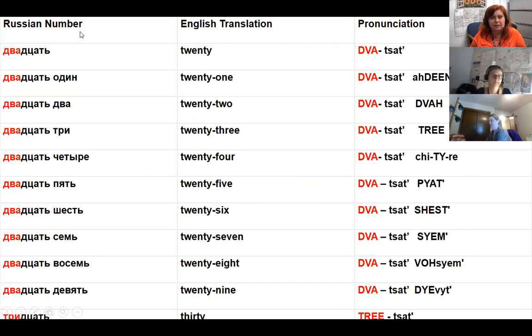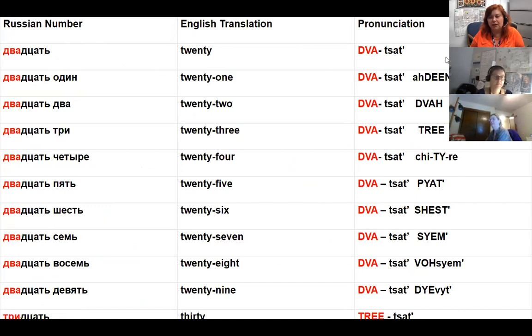Russian numbers from 20 to 30, and here's their English translation and pronunciation. Can everybody see it okay? Okay, so 20 in Russian is двадцать. 21 is двадцать один.